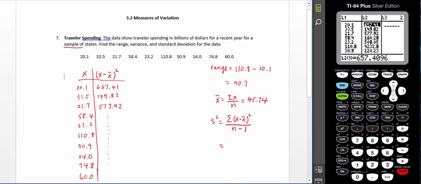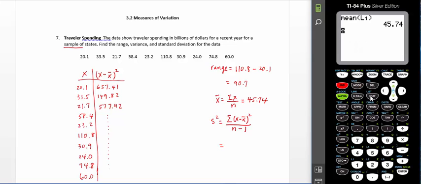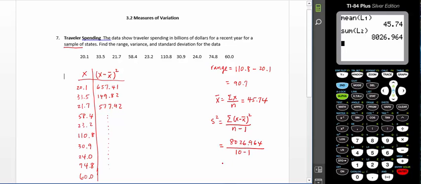So I want the sum of L2. Let's get back onto the main screen. Go over to second, stat, over to math. Number 5, sum of list 2. Sum of all the square deviations. That gives us 8026.964. And then there are 10 numbers, so I'm going to end up dividing by 9.